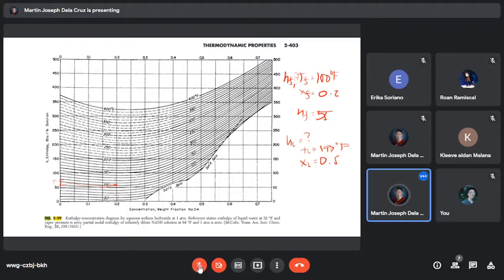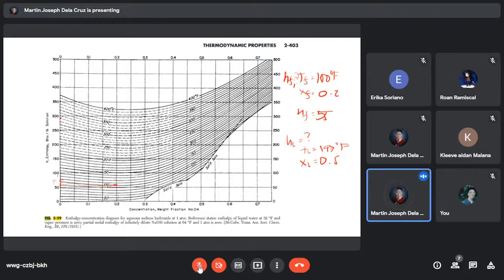Kasi dyan mostly na nagkakaroon ng mali. So, for example, dito class, pag andito na, ginagawa na nilang 290. Pero hindi. Dapat i-scale nyo pa rin siya. Okay? So, if I were you, using your ruler, lagyan nyo na dati, pencil nyo na dati yung scaling. Okay?